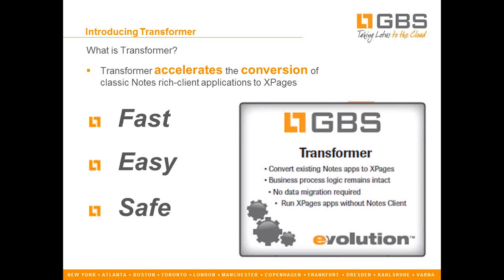It's fast because the transformer technology automatically converts up to 90% of the application's functionality. There is some manual remediation required dependent on the application type and its complexity, but that's something I'll discuss later on in the presentation. It's easy because you actually get all the benefit of the transformer doing all of the heavy lifting for you.